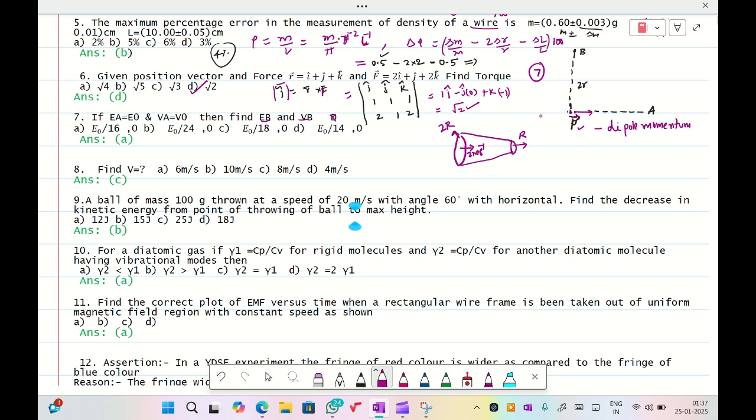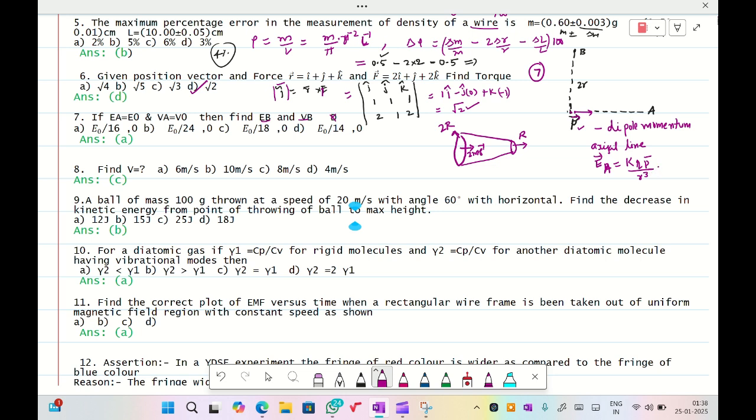It is along the axial line, A is an axial line. Therefore, electric field is equal to 1 by 4 pi epsilon into 2P bar by R cube, E on the axial line. So along the same direction, E is also.